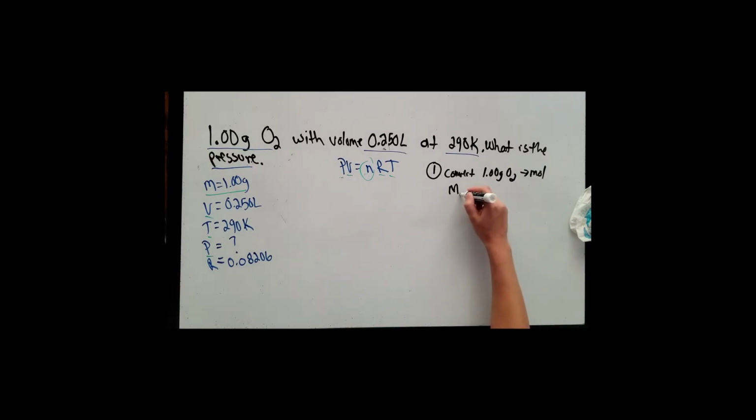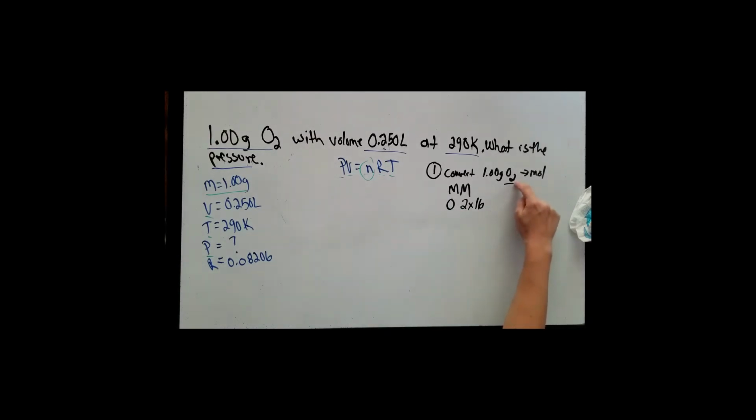Remember, molar mass, because remember the units on molar mass are grams per mole. So I need to calculate the molar mass of that O2 molecule. So oxygen, how many atoms of each? 2. Molar mass, 16. So this 2 is coming from the subscript after oxygen.